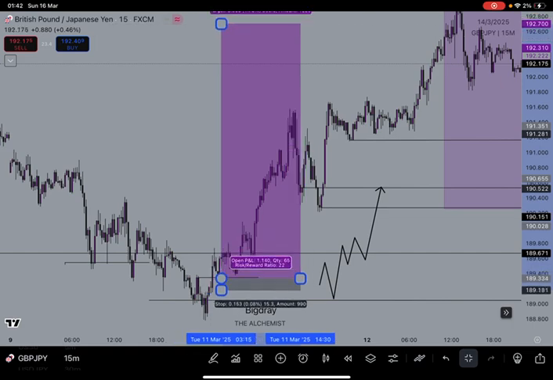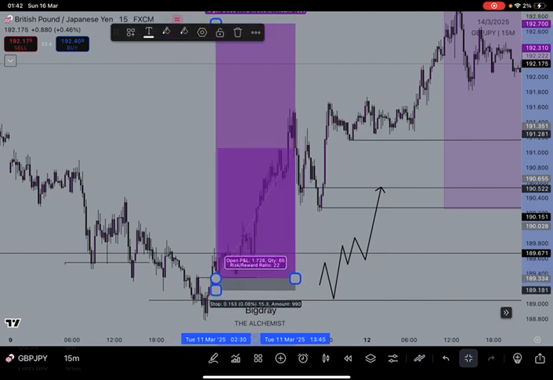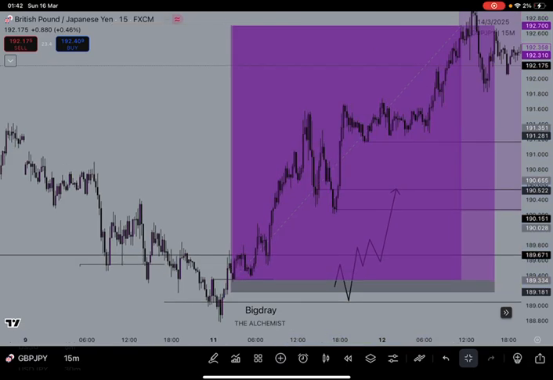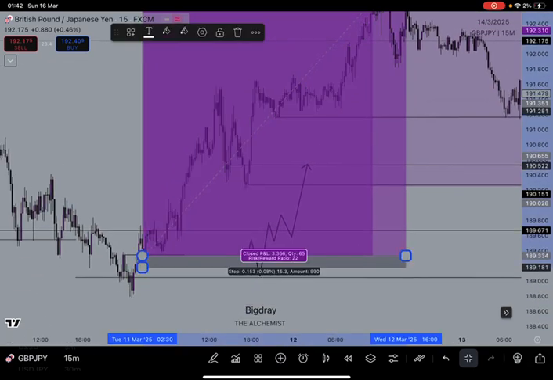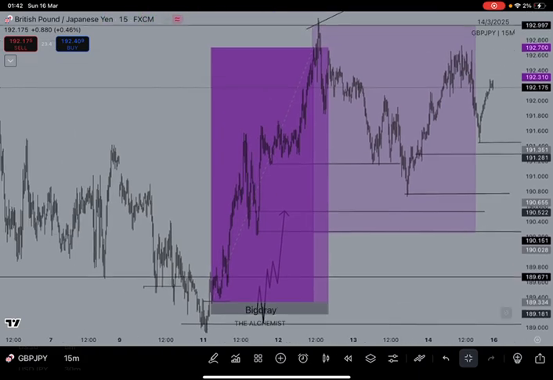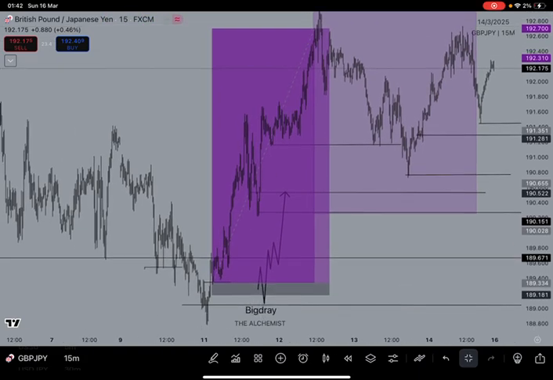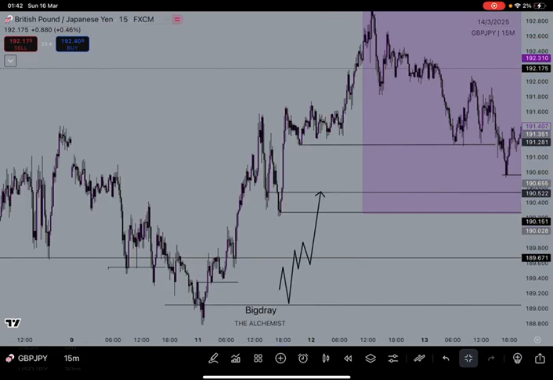Can you see? You understand now? This is simple RBS.